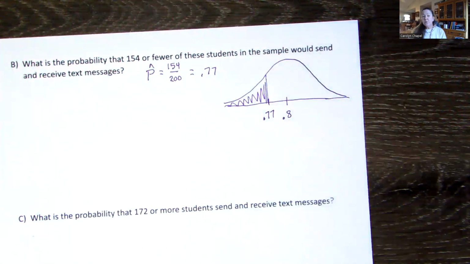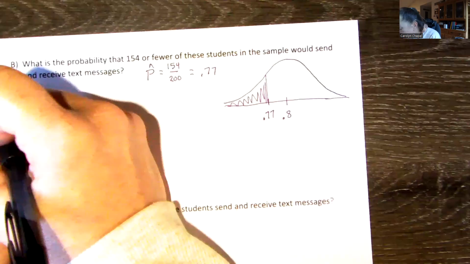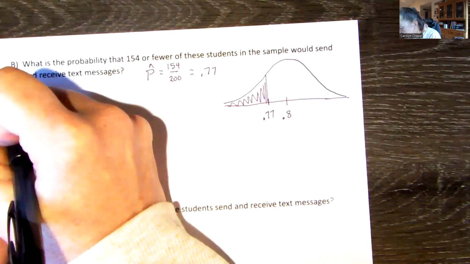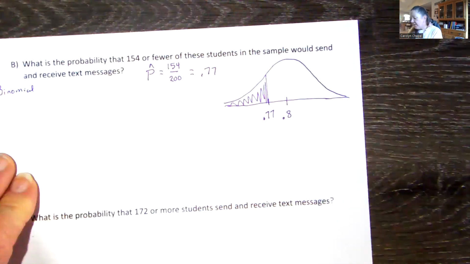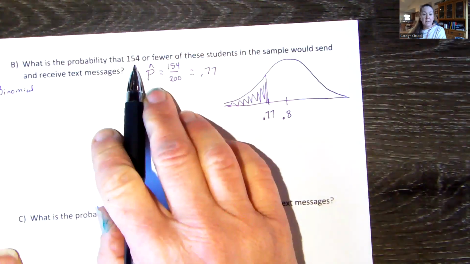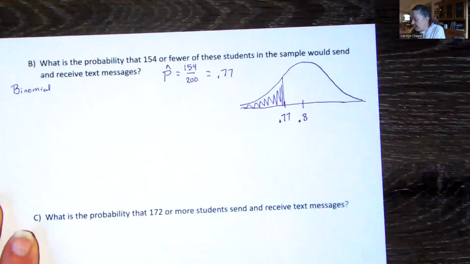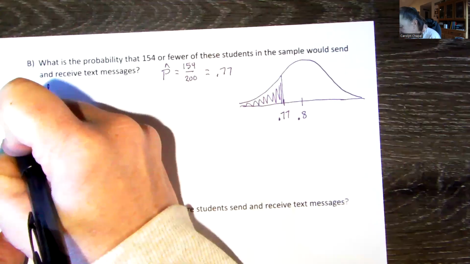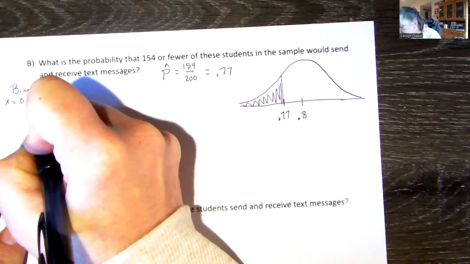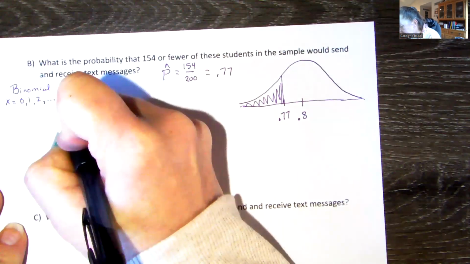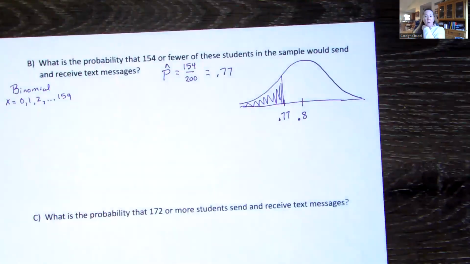Now, just talking this through, if we were doing a binomial and trying to find the probability of 154 or fewer by hand, we'd have to add up all the values from 0 to 154.